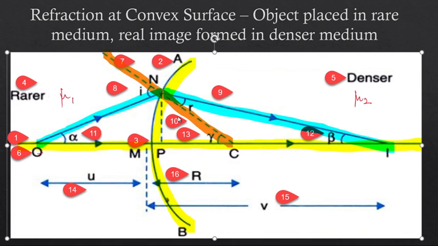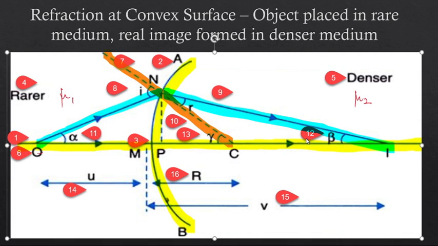Now let us proceed with 11. The angle subtended by the incident ray to the principal axis is alpha, number 11. Beta is the angle subtended by the refracted ray to the principal axis, point number 12.